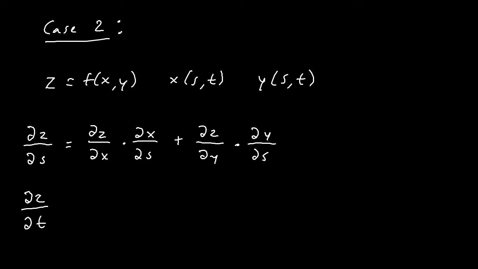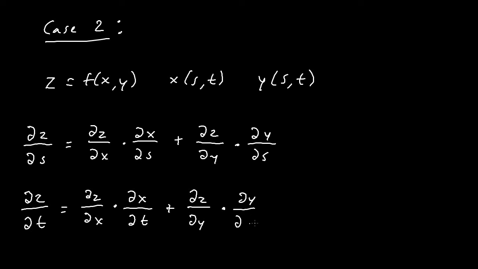And so the formula for the partial derivative of z with respect to t this time is going to be equal to the partial derivative of z with respect to x times the partial derivative of x with respect to t this time. Since we're deriving z, we're taking the partial derivative of z with respect to t plus the partial derivative of z with respect to y times the partial derivative of y with respect to t.